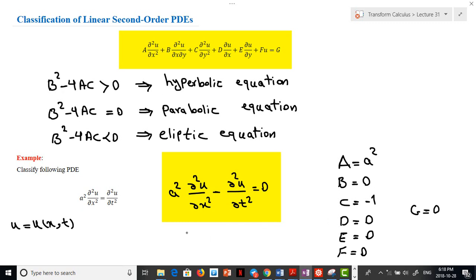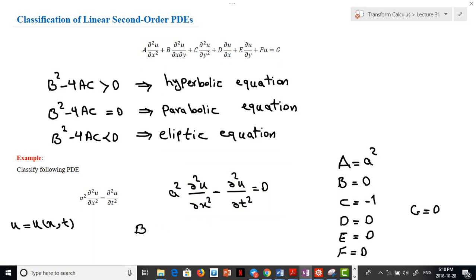In order to find the classification of this equation, we have to find b squared minus 4ac.